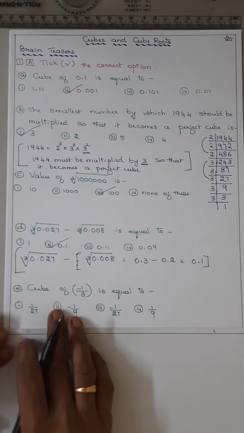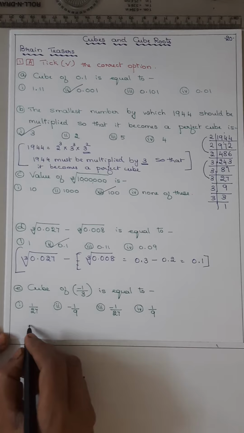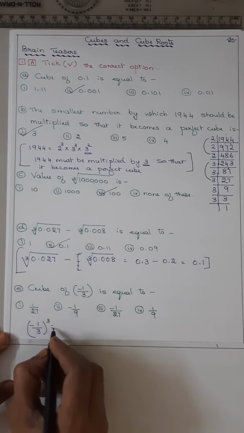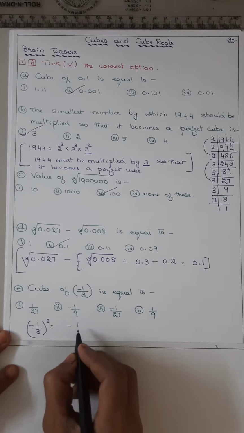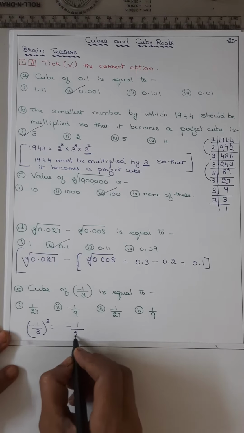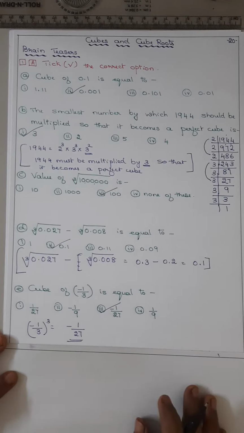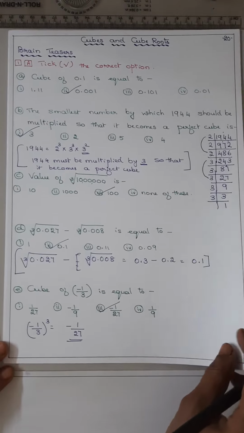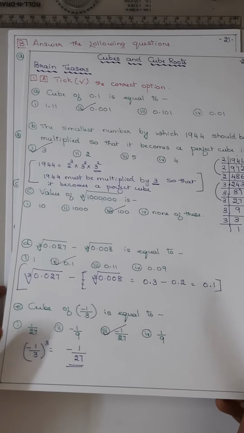Now cube of minus 1 by 3, negative, the cube will also be negative. 1 cube is 1, 3 cube is 27. So the answer is minus 1 by 27. Is it okay? So that was about the question number 1.